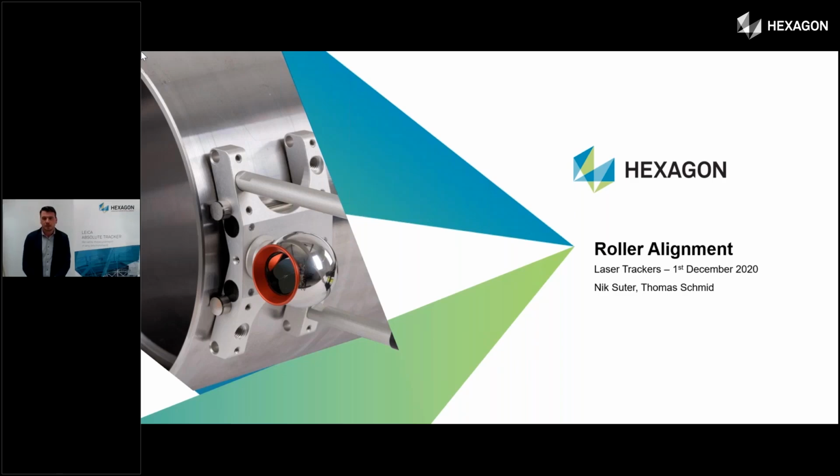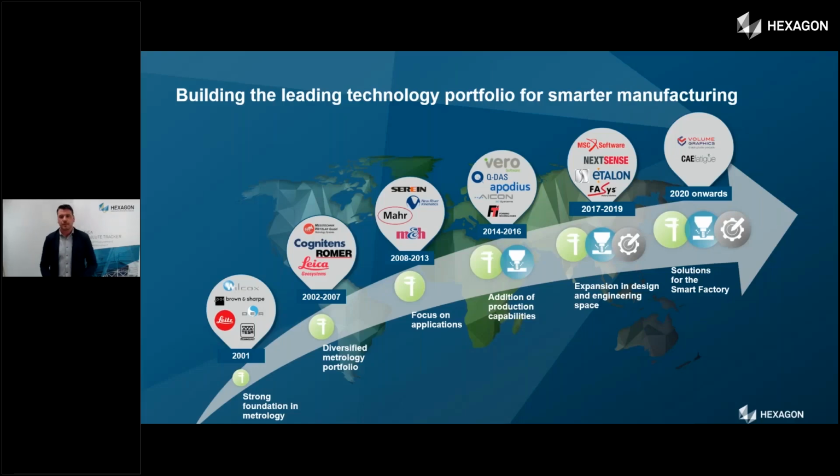Today we are talking about roller alignment. But first, before we start, I would like to give a small introduction into Hexagon. We have a very strong base and foundation in metrology, first stationary, and then we moved to a little bit more portable.